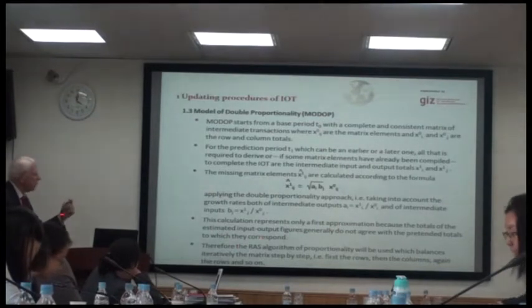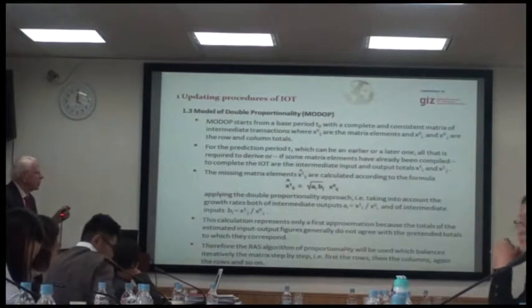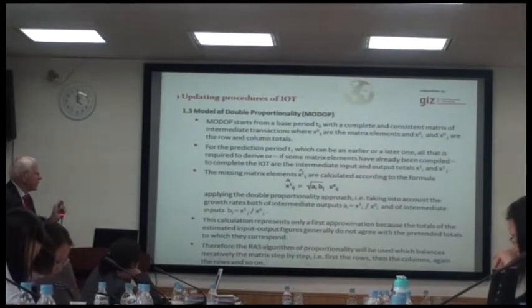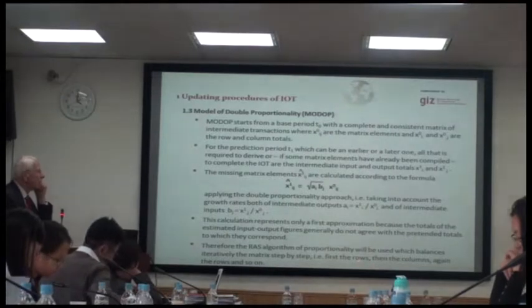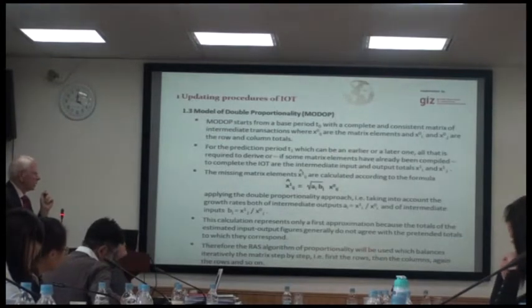Therefore, we took from the RAS method another algorithm of proportionality, which helps us balancing the matrix iteratively, step by step. First we come to agreeable rows, then we look for the agreement of the columns, again for the rows, and so on and so on.